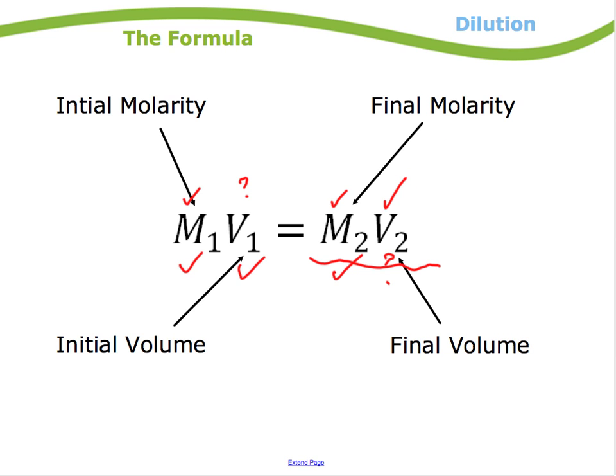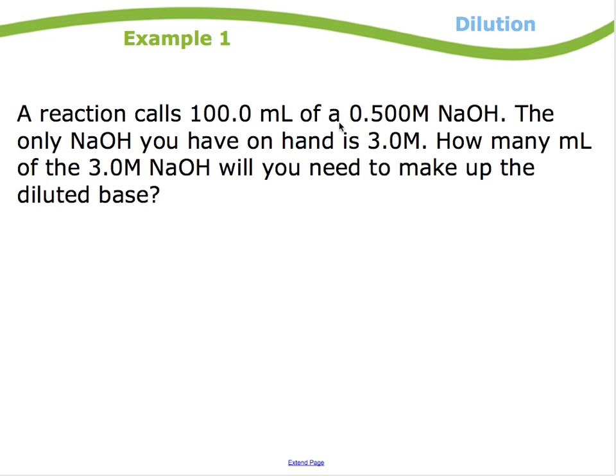So let's try a couple questions. Here's one. Reaction calls for 100 milliliters. I'm just going to change that right away. I could leave it in milliliters, but it's a nice process to change any of your numbers into the appropriate units, and we're always using liters in formulas, so maybe it's nice to change that right off the bat to liters.